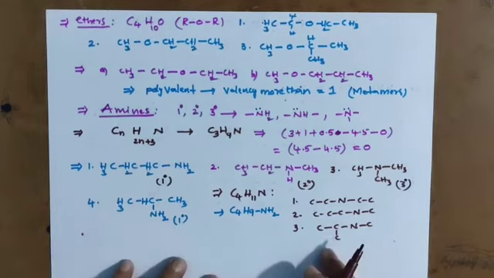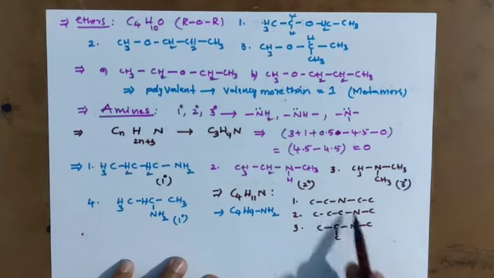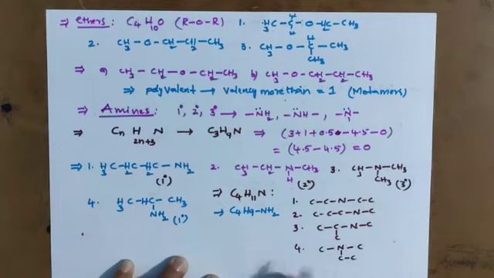This is now secondary, this is secondary, this is secondary. And now I am drawing another one. See here, C, nitrogen, C. Remaining 2 we have. Here I am drawing that.